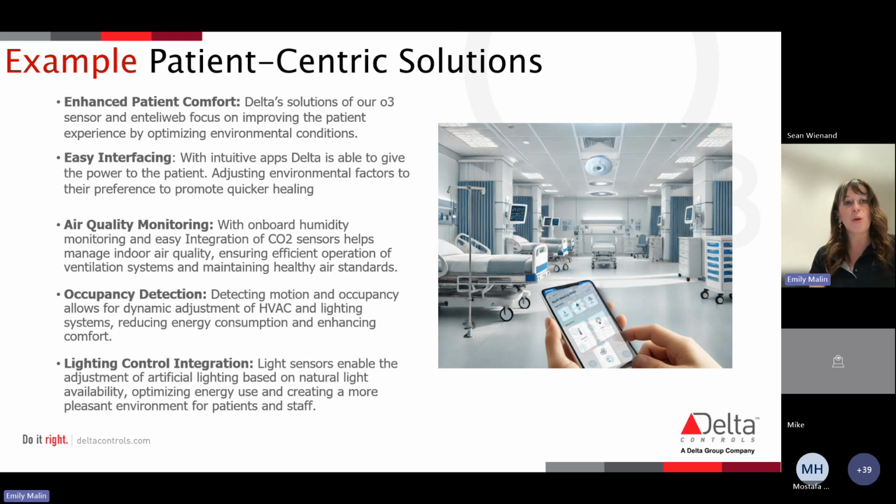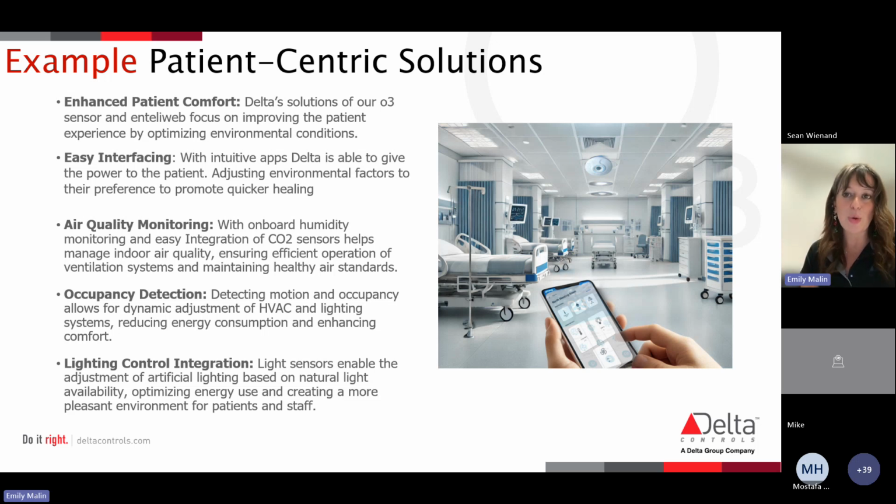A couple of these other ones on here: when you talk about this hospital as a whole in their building automation system, you can have both occupancy detection as well as lighting control integration. So being able to do daylight harvesting, being able to match the circadian rhythms. Again, this particular example is of a hospital, but elementary schools are one where study after study shows that if you have enhanced occupant comfort, they do learn better.